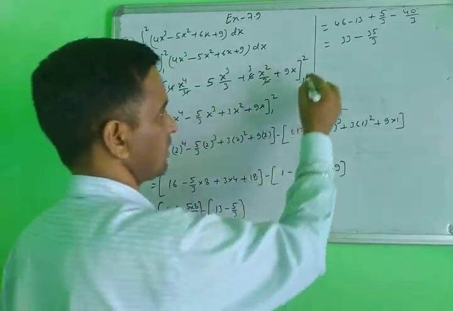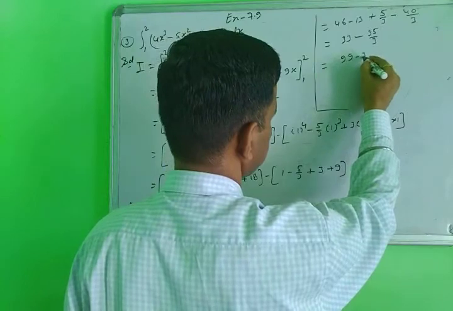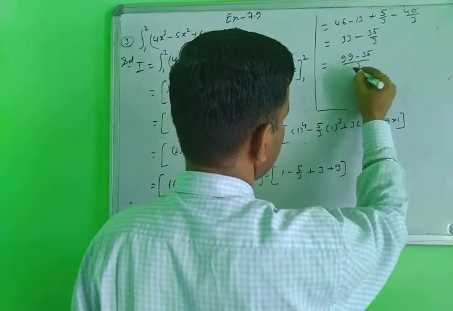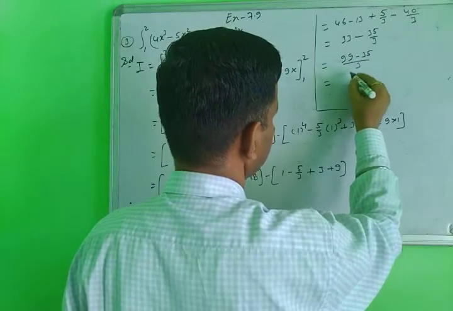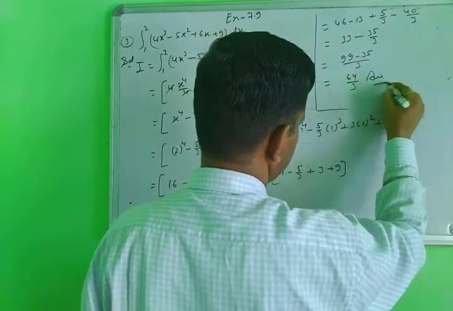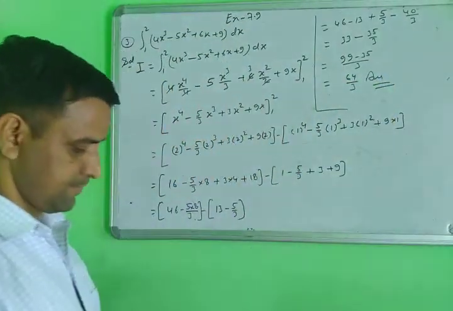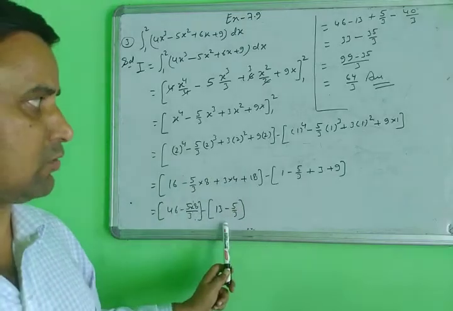Taking LCM and calculating: 3 threes are 9, and 3 threes are 9, minus 35 upon 3. What result comes here? 99 minus 35 is 64, so 64 by 3. This is your answer.